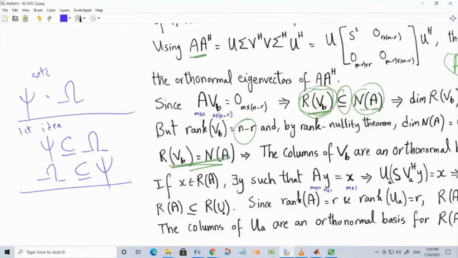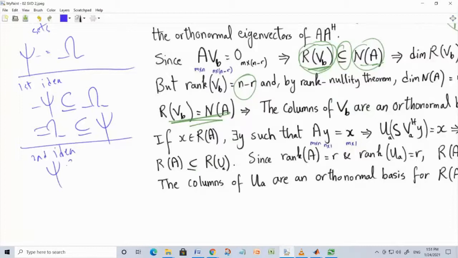So you want to show that two sets are equal. These two sets here are the column space of VB and the null space of A. Again, you can show that each one is a subset of the other, so you have two sub-proofs, and when you finish them, you have equality. The second idea is, you show that psi is a subset of omega.